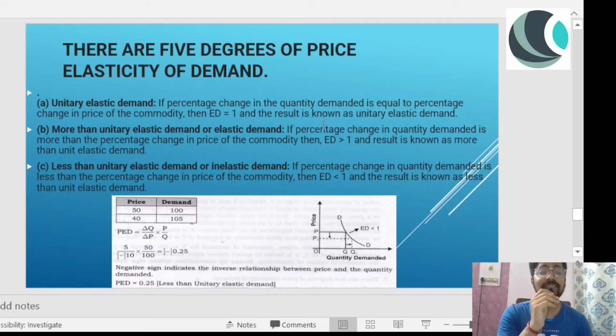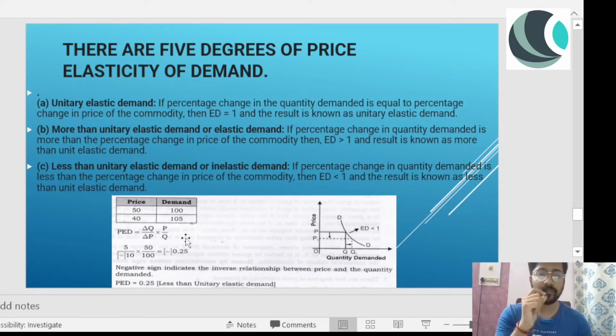Now the third thing is less than unitary elastic demand, because when there is more, there should be less as well. It will be simply the opposite. If you are able to understand this, you can basically derive this one as well. So if the percentage change in quantity demanded is less than the percentage change in the price of the commodity, then elasticity of demand will be less than 1.